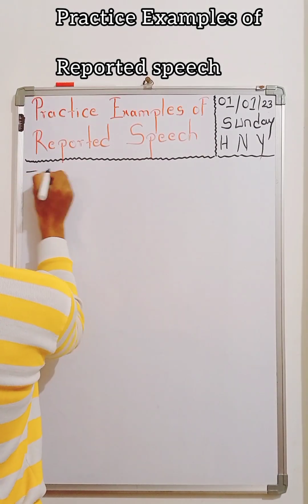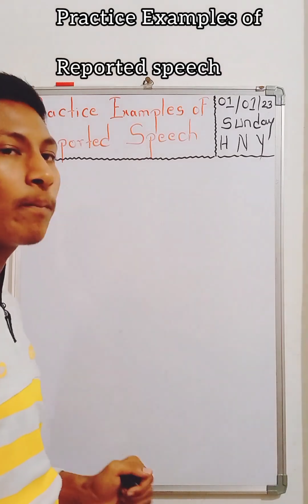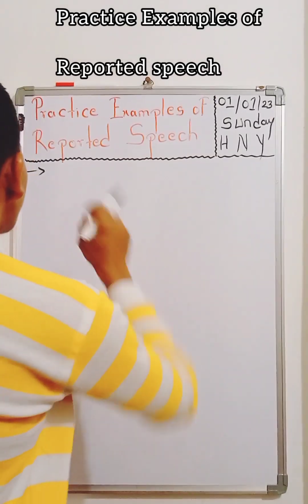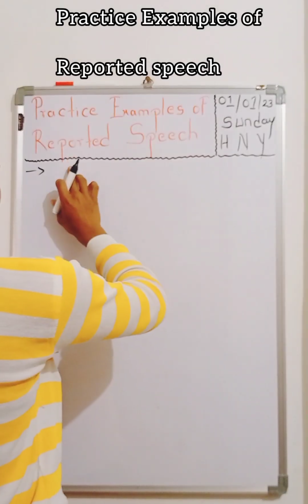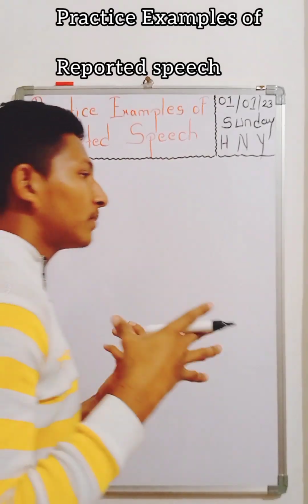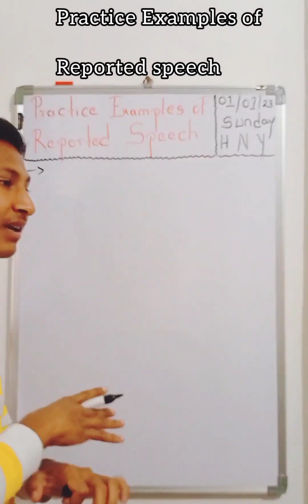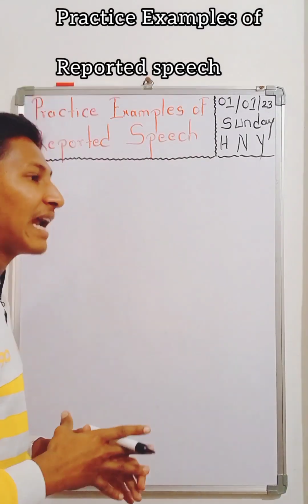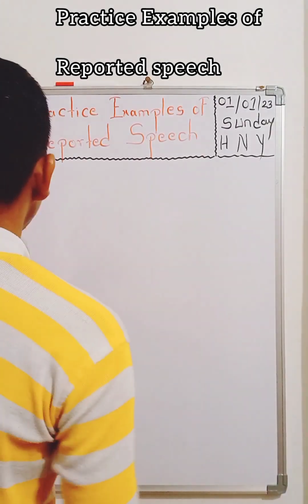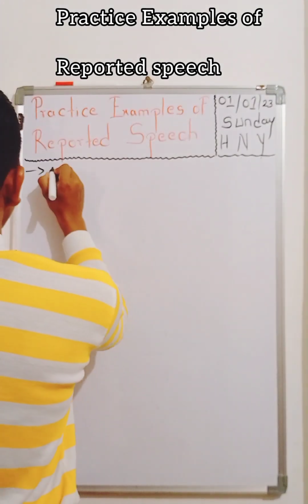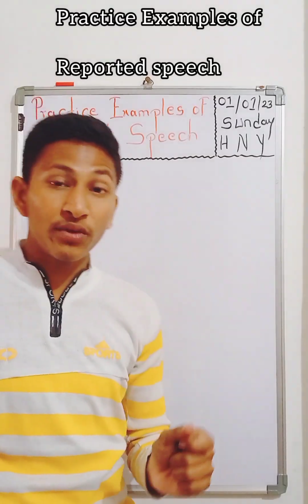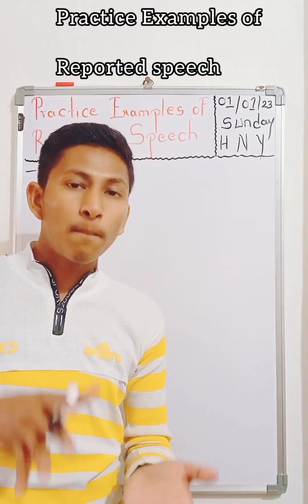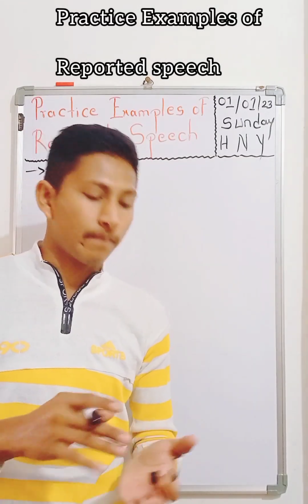Now you have to know how we should change from direct to indirect, which reported verbs we have to take, and what further rules we have to apply. First, listen to the question properly.